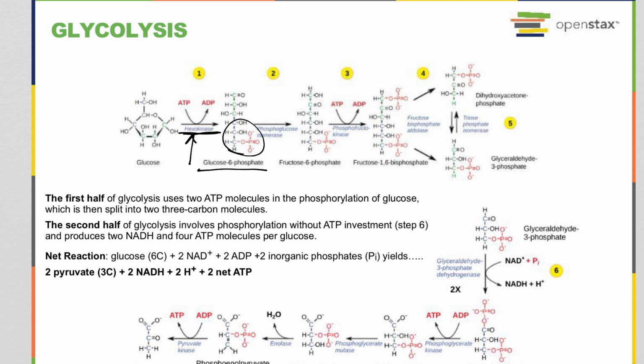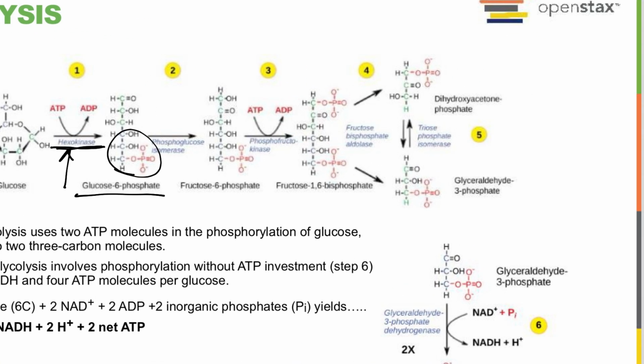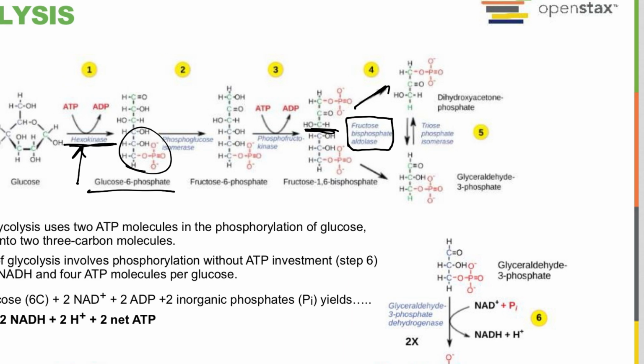Once we're at step 4, fructose bisphosphate aldolase is an enzyme that actually does the splitting. At this point, we're taking this 6-carbon molecule and splitting it in half into 2 separate 3-carbon molecules. And they wind up as 2 slightly different products.